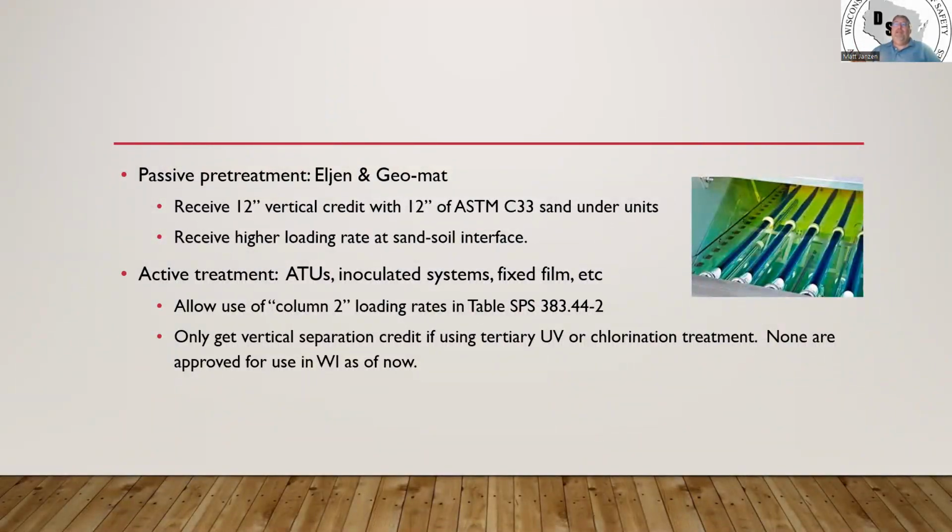So we have ATUs and other systems that are out there that are approved, but they get the downsizing credit for column 2, the higher loading rate, but they don't get the vertical separation credit because they require a UV or chlorination. And as of right now, we don't have any of those products approved for use in the state. So just be aware of that.